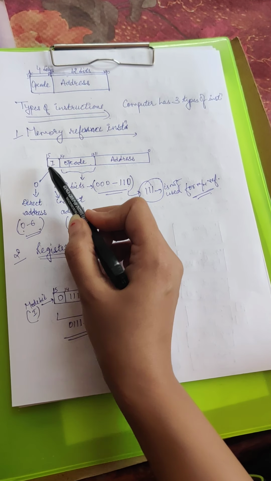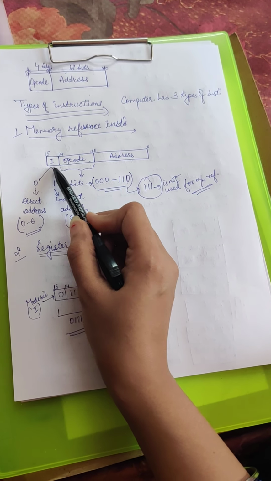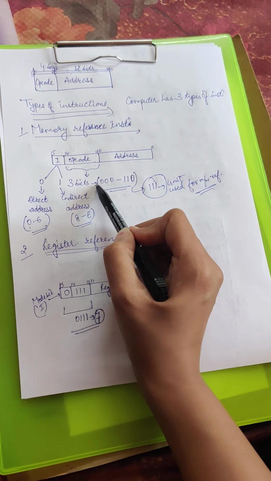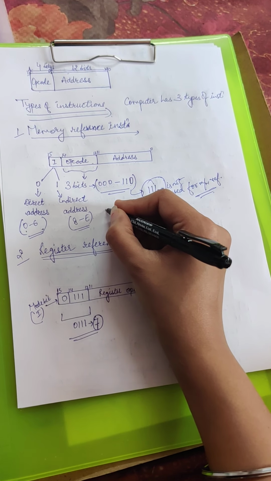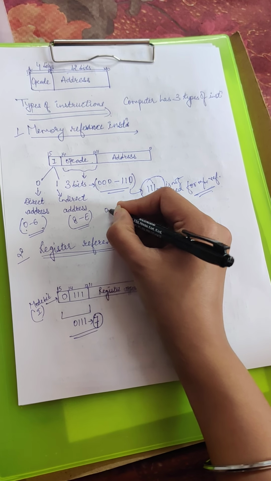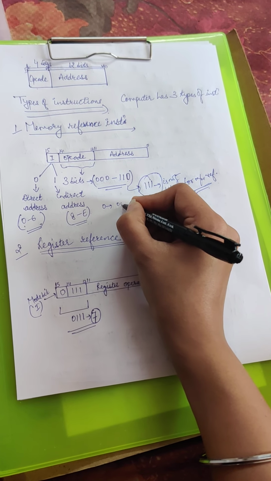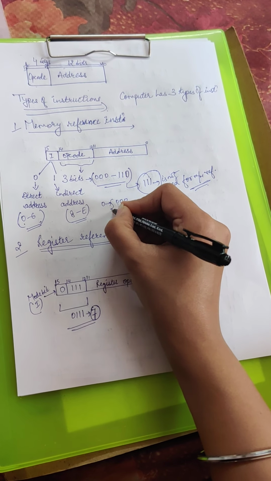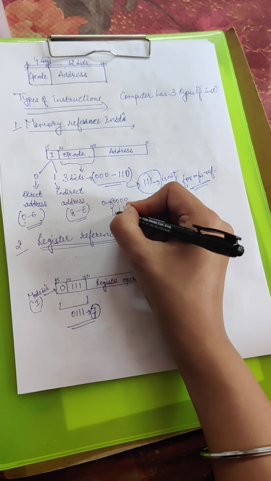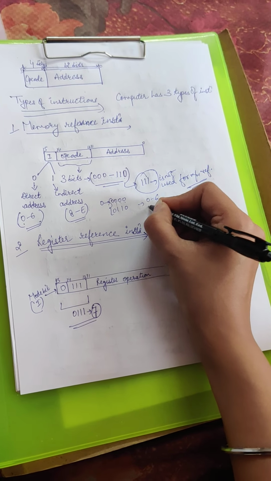Okay, and if we add this I, 0 or 1, in front of these bits, it becomes 4 bits. That means if we place 0 in front of 000 to 110, then it becomes 0 to 6.